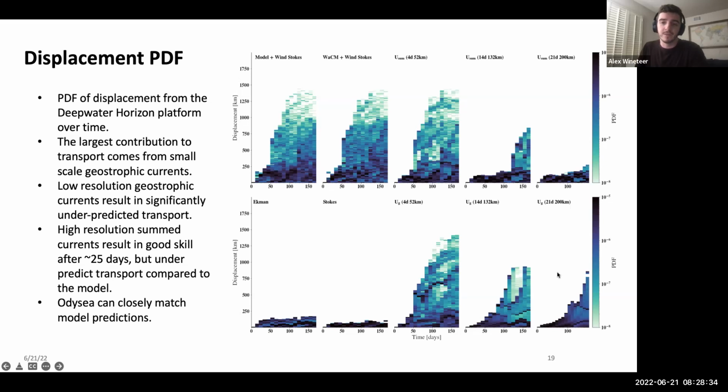And then as we smooth those geostrophic currents farther, we get even less displacement than we get in this higher resolution case. So the takeaway here is really that you can get very good displacement PDFs using Odysea compared to the model, or if you have very high resolution geostrophic currents. However, even at the small timescales, those geostrophic currents aren't quite enough.